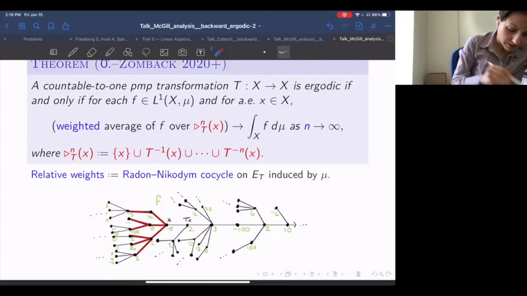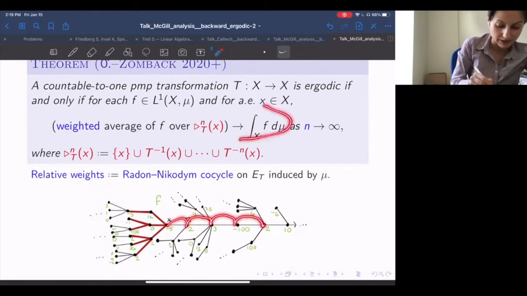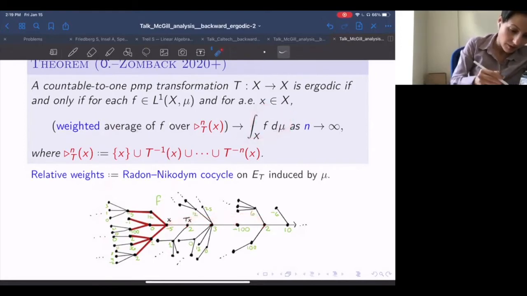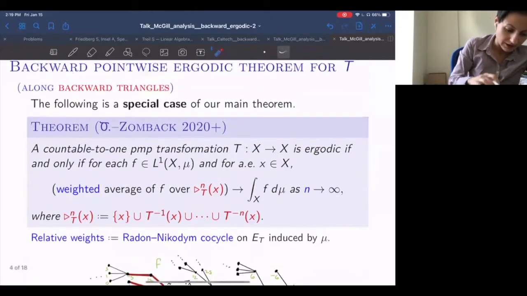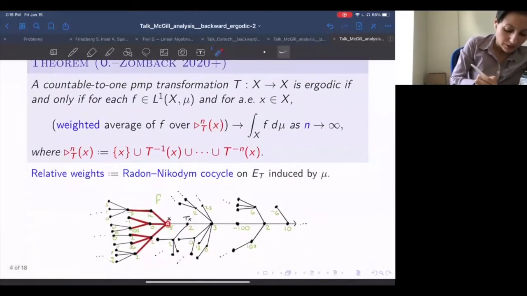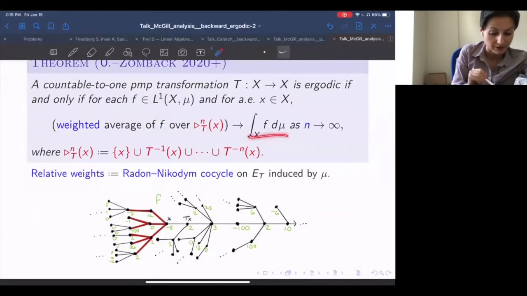So the upshot is basically Birkhoff's theorem says that if you take averages in front of x, they converge to the expectation of the function. Our corollary, or special case, says that if you take pre-images behind x, these sets behind x, then the weighted average of the function converges to the expectation.